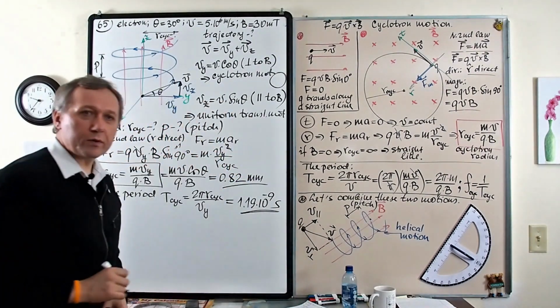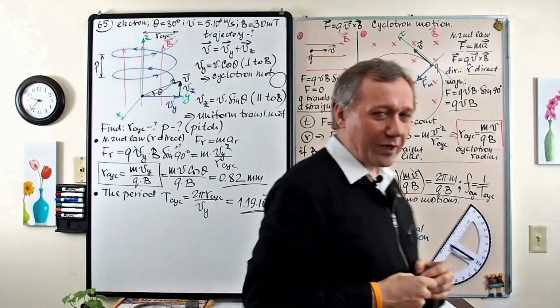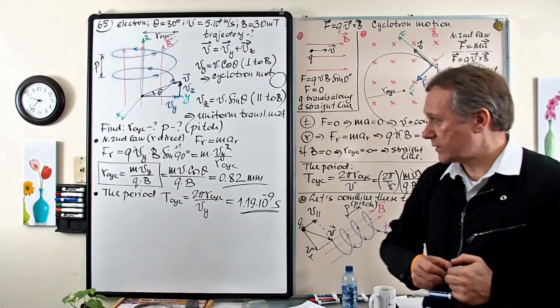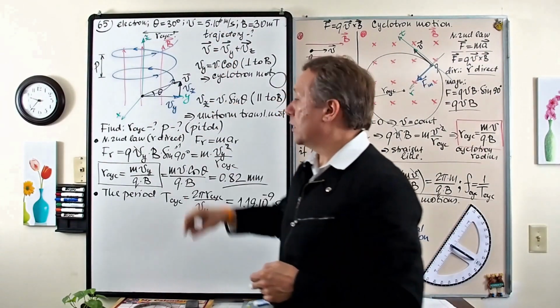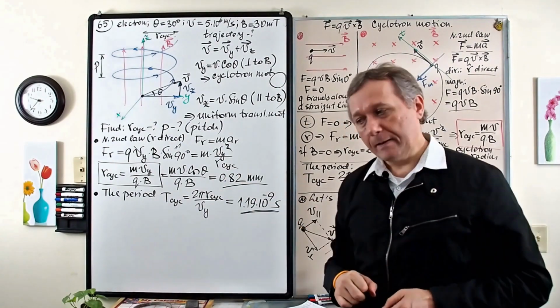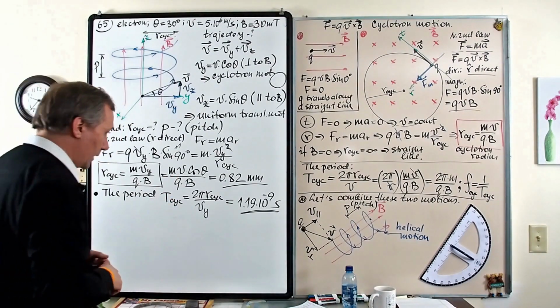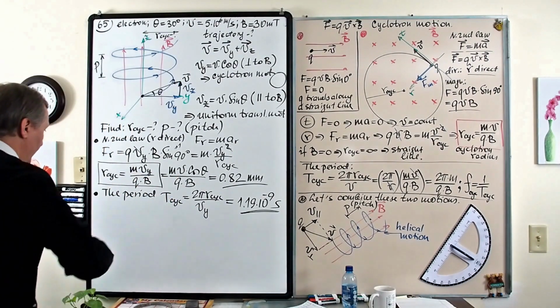That's slightly more than 1 nanosecond. So the period is very, very short. The particle travels very, very fast over the circle with this small radius. So it circles fast.